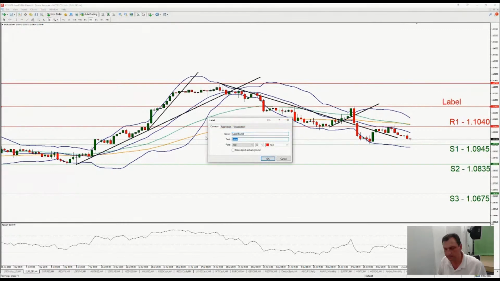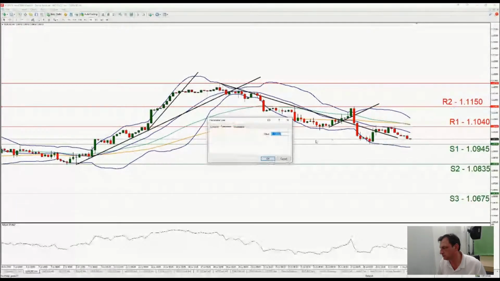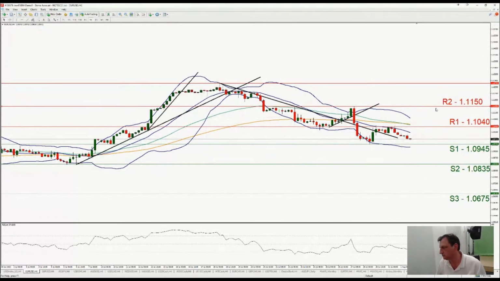Next resistance line being placed, R2, at 1.1150. And the ultimate resistance line being placed at 1.1275.